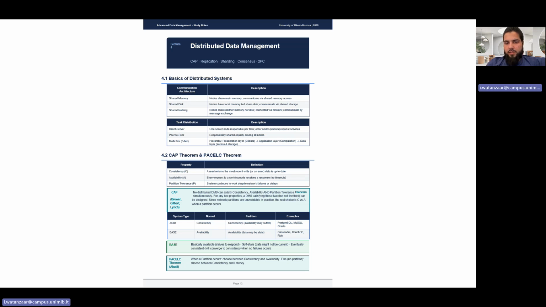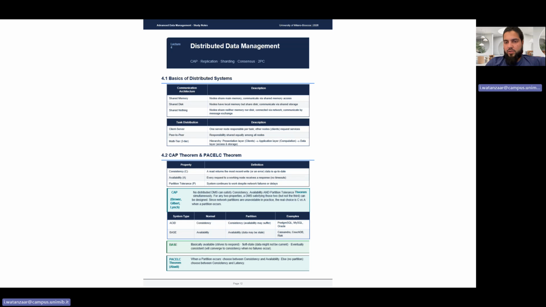It is good to discuss the BASE a little bit here. So BASE is basically available, soft state, eventually consistent, in comparison to ACID with the CAP theorem. The CAP theorem is prioritizing consistency in the compliant architecture of ACID, but BASE is mostly prioritizing availability.